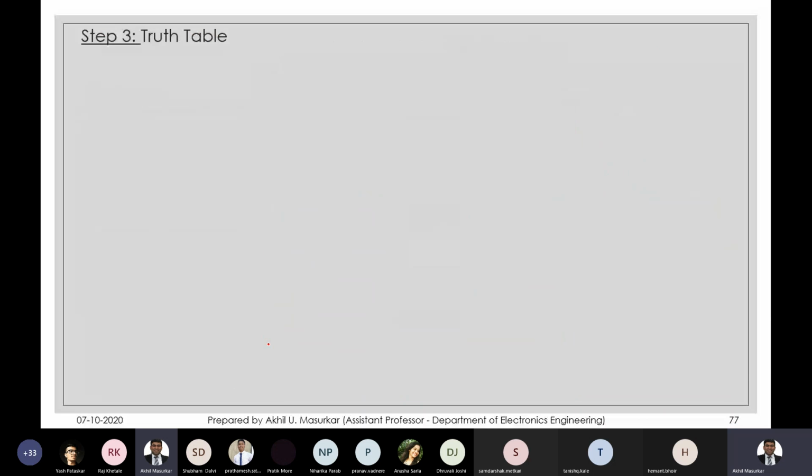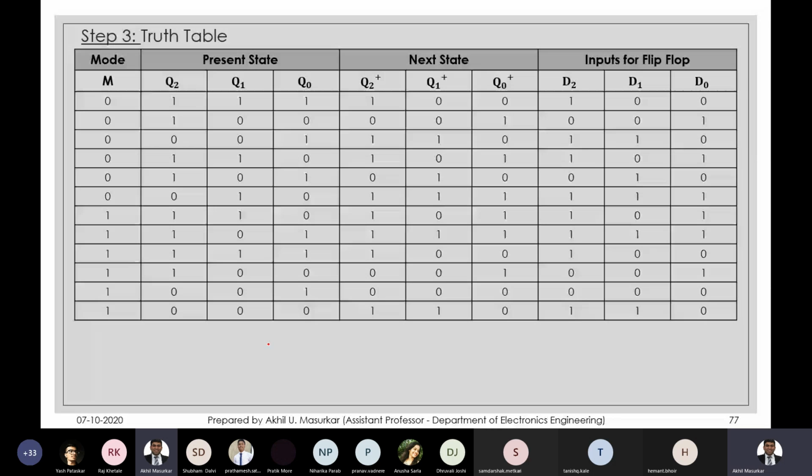Step 3. We will spend some time on the truth table here. Again we have two modes, M equals 0 and M equals 1.